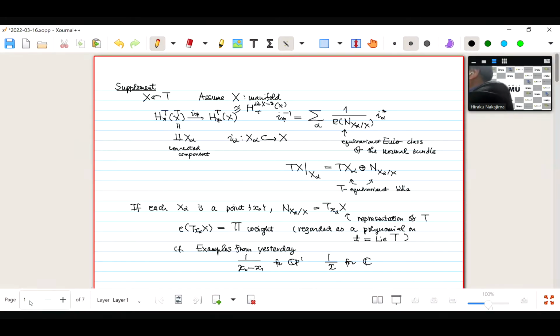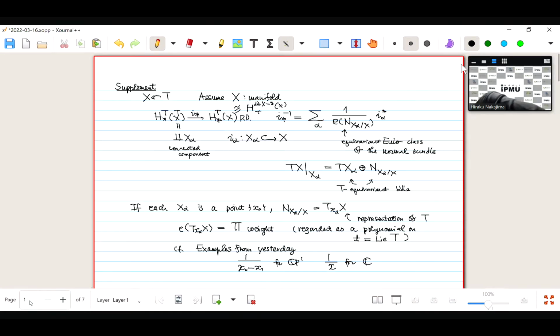So this is the so-called Poincare duality. I hope you know what Poincare duality is for the usual manifold, and it remains true for equivariant cohomology and equivariant homology.